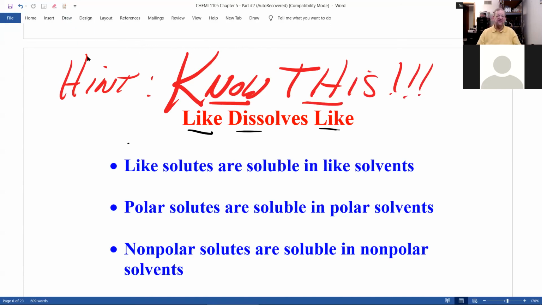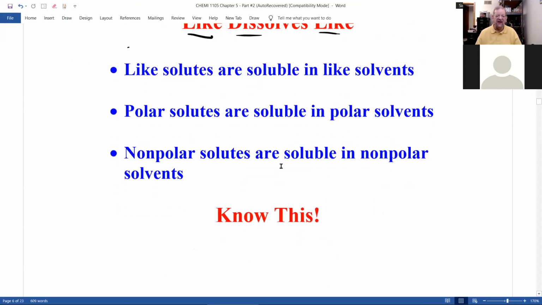Everybody get the message? And like dissolves like, what does that mean? It means like solutes are soluble in like solvents. And what does that really mean? We have polar solutes are soluble in polar solvents, and nonpolar solutes are soluble in nonpolar solvents. When you mix a polar solute in a nonpolar solvent, it's not soluble.